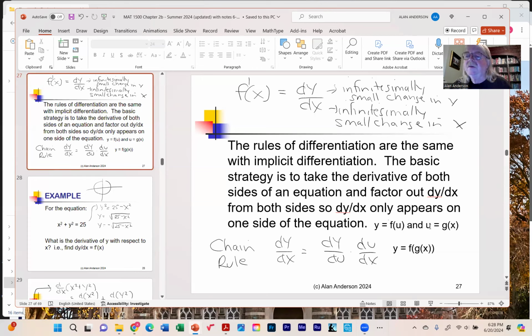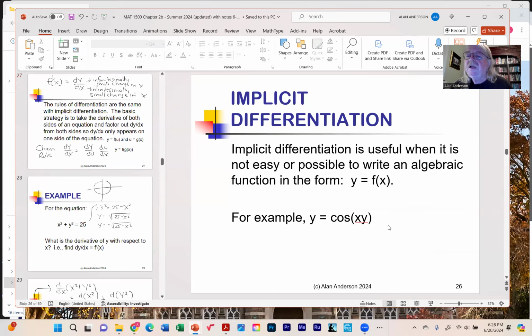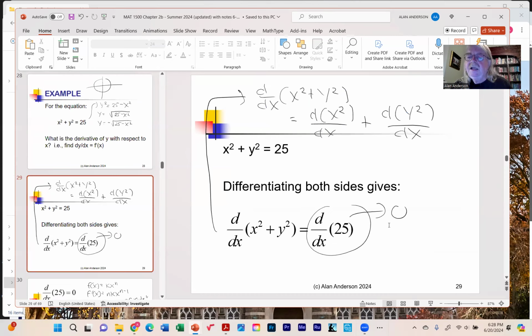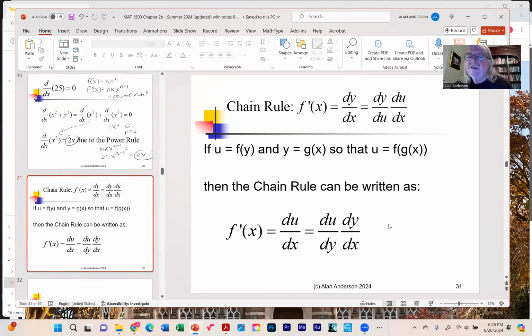We were doing it this way. Remember, over here, u is a function of x and y is a function of u. What we're going to do here is change this slightly. We let u be a function of y, and that means u must be a function of x. And so we have a composite function, which we can then apply the chain rule to.